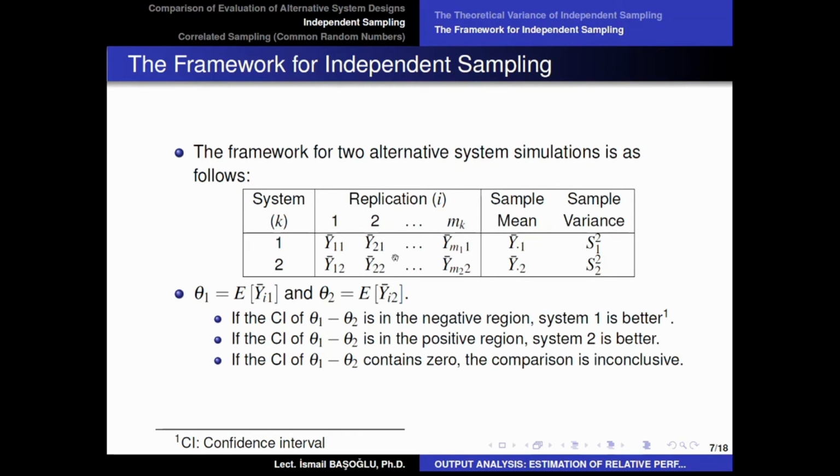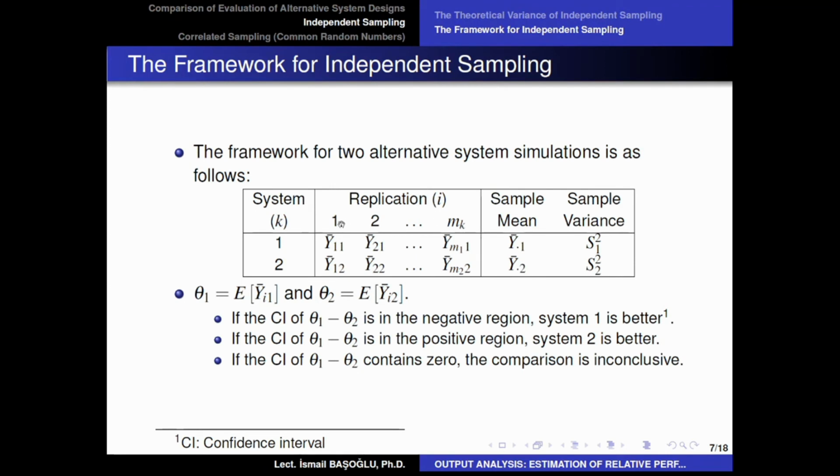Now, if I take the average across the replications, the sample mean of these replications gives me the estimate for the performance metric under the first system design, which is y bar dot 1, and y bar dot 2 is the estimate for the performance metric under the second system design.